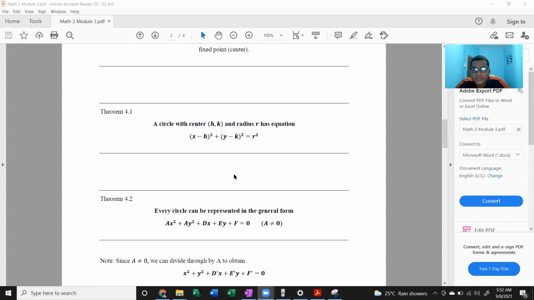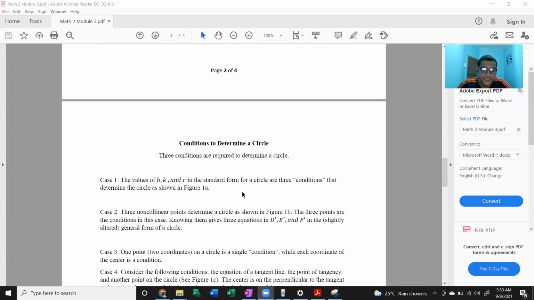Here the standard form, as I mentioned from the sample problem 2, to determine the standard form, we need to find the center and the radius. So the center and the radius must be known. Okay, so that condition falls on our case 1.